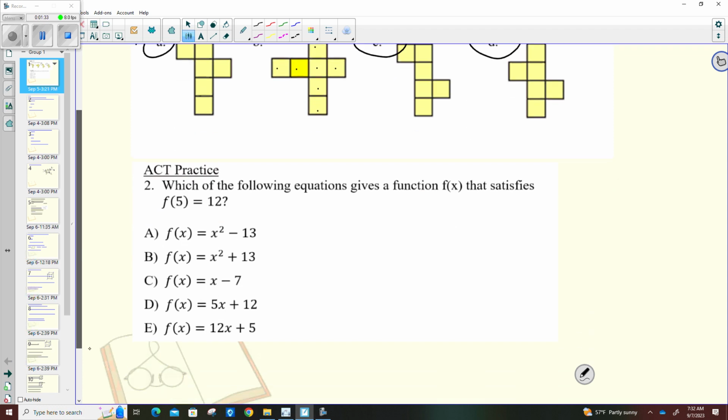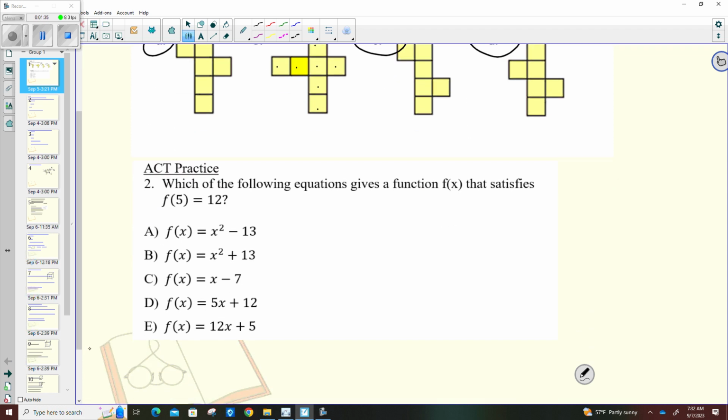In number 2, it says, which of the following equations gives a function f of x that satisfies f of 5 equals 12? What does this even mean? It's called function notation. Ideas? Perfect.